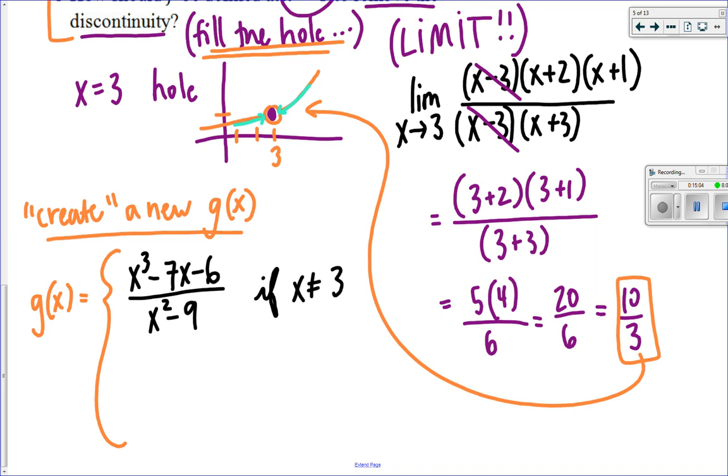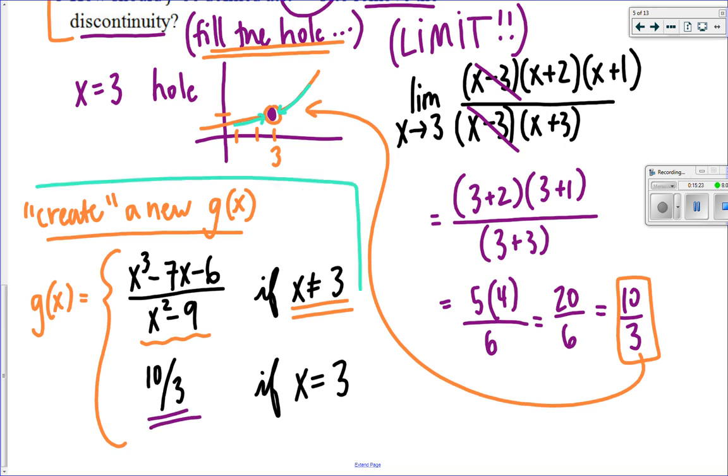Basically what I'm saying is I want to look like my original function everywhere except the place we are trying to fill. And I'm going to be 10/3 if x is equal to 3. This is how I am fixing that hole. This then is my solution for that third question. I now have plugged up that hole.